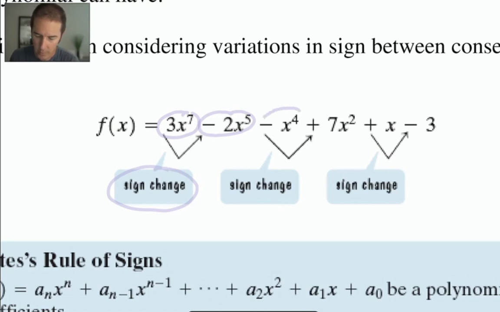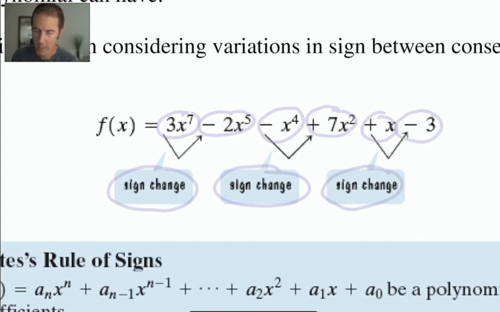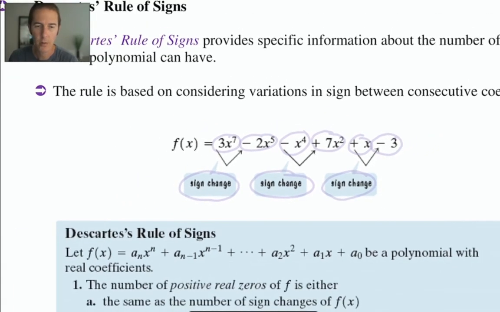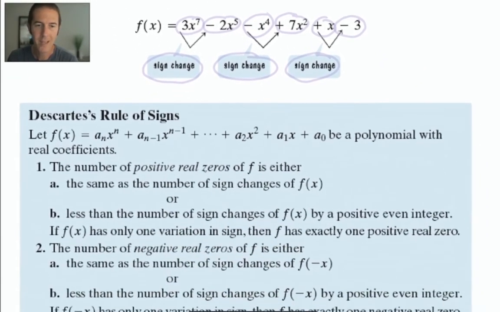However, going from a negative coefficient here to a positive coefficient here does indicate a sign change. Here's positive to positive, so we don't count that one. But going from positive on the x to a -3 as our constant, that does still count as a sign change. So we found 3 sign changes in our given polynomial. So what does that tell us?